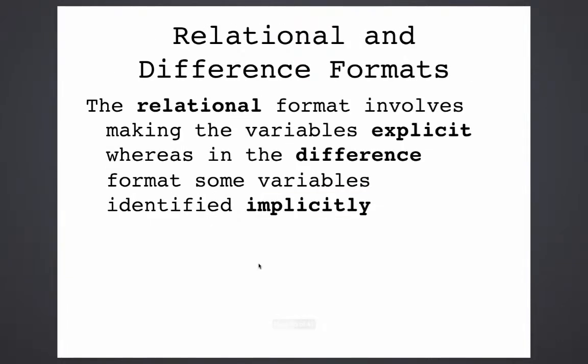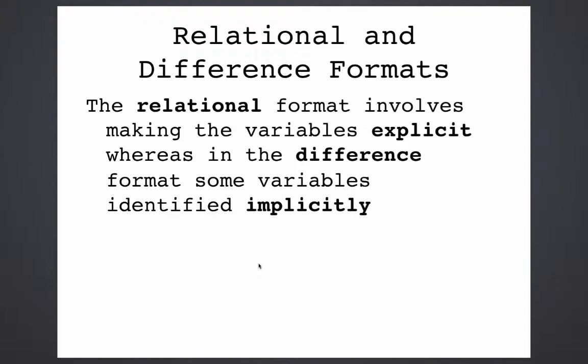Okay, so these are one variable examples. What happens when you move into the world of relationships and more than one variable? Well, there's an important distinction I'd like to make between the way you can write hypotheses and questions, and that's this idea of a relational way of writing them and a difference format. So there are two formats: the relational format, which involves explicitly saying the names of each variable in your question and hypothesis.